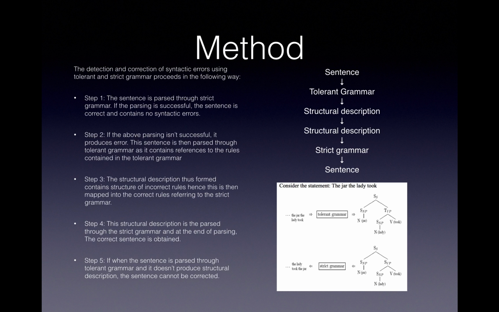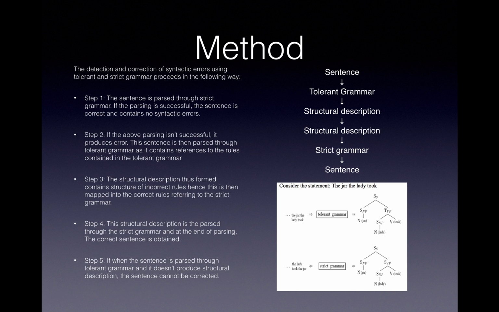Next, let's look at the method used throughout the process. It actually consists of detection and correction. When you first take a sentence, the sentence is parsed through strict grammar. If the parsing is successful, the sentence is correct and contains no syntactic errors. The sentence will go straight to grammar and structural description.